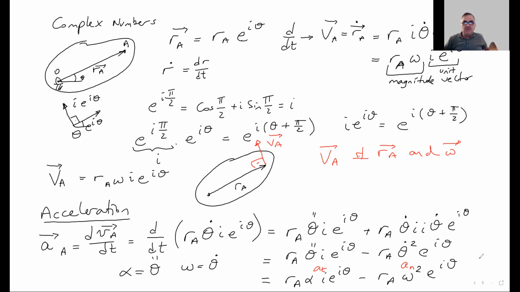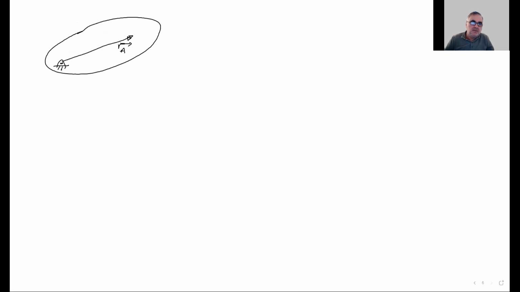And let's have another page. So let's say that this is our fixed point. This is RA. The VA, as we said, is in this direction.